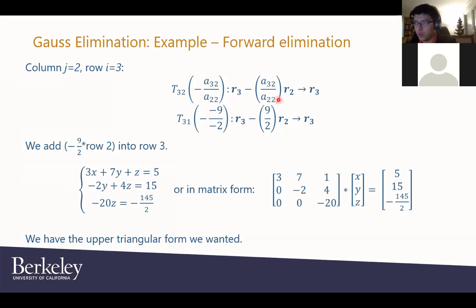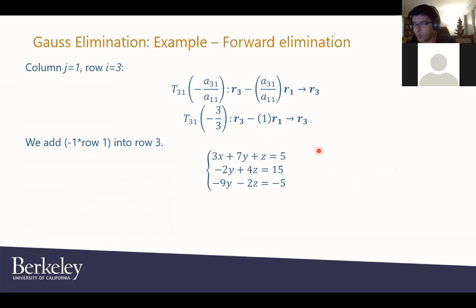What is this ratio? a_32 over a_22. Let's go back for a second. a_32, that's row 3, column 2, it's this guy, -9.